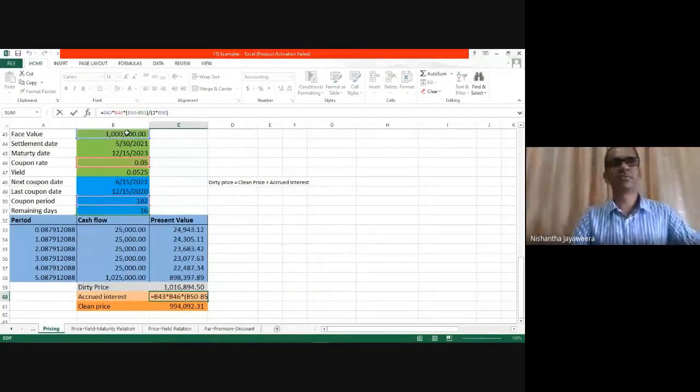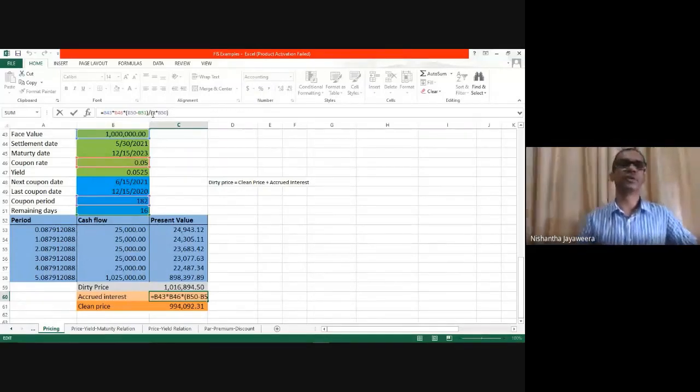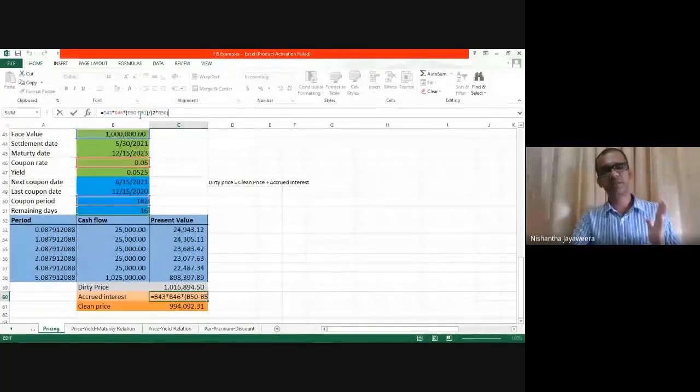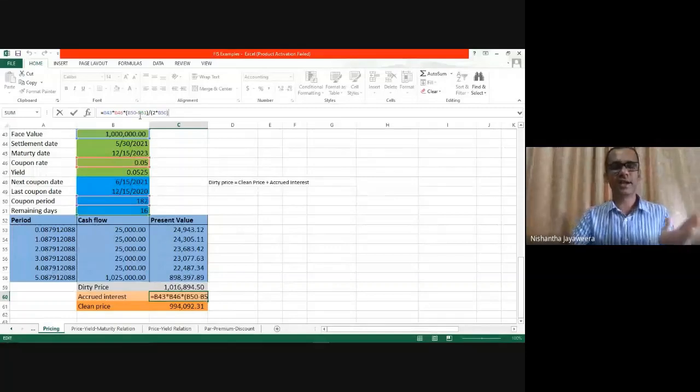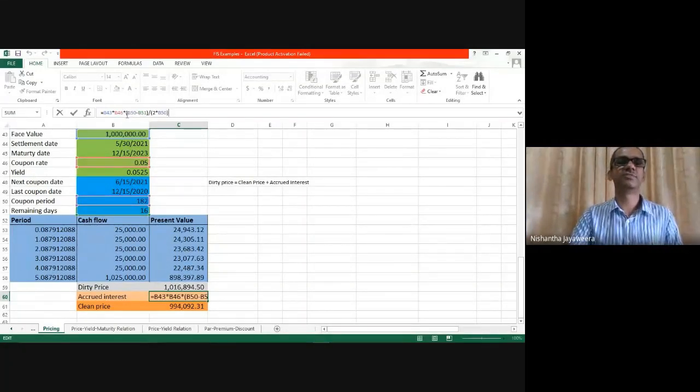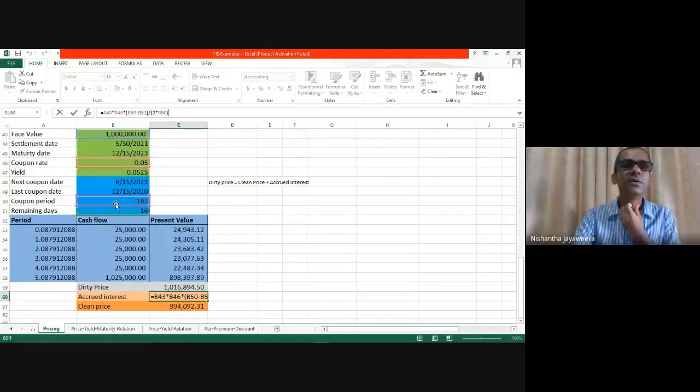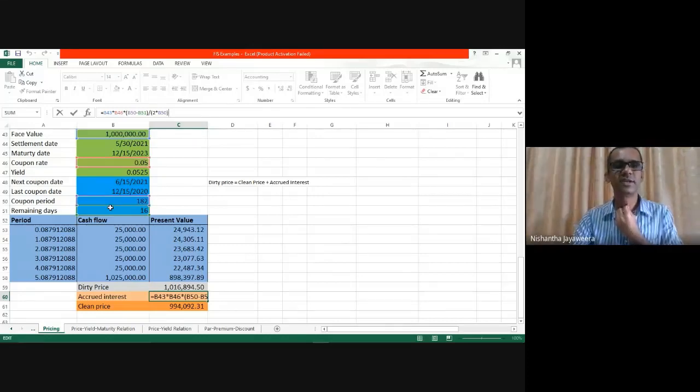Face value is 1 million, coupon rate is 0.5, and it has to be divided by 2 to get the semi-annual coupon amount. Then fraction it for the number of days between the last coupon date and the settlement date. What is B50? B50 is the coupon period, and B51 is the remaining days.